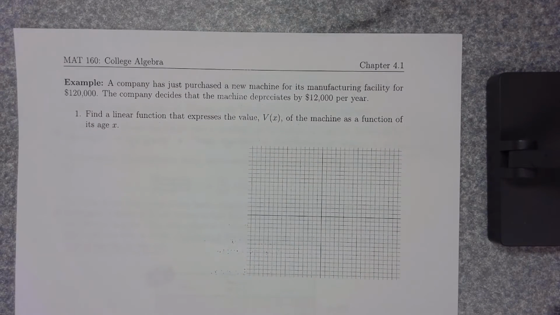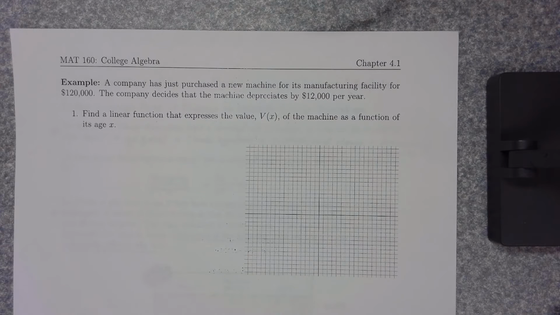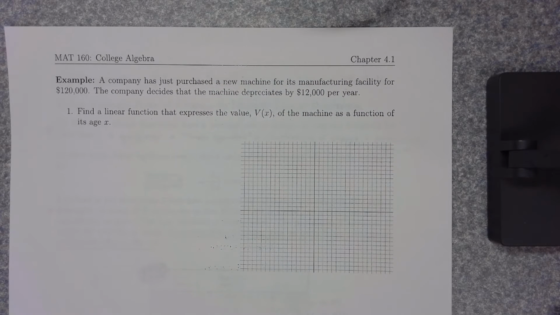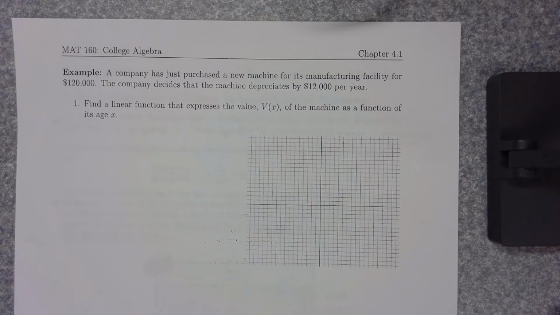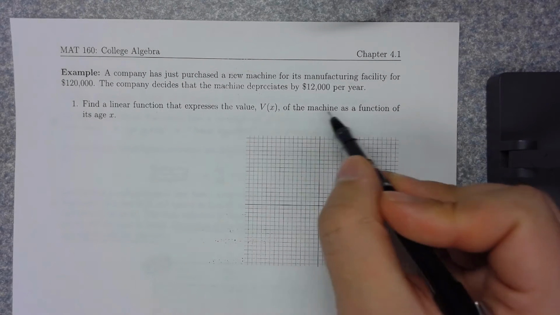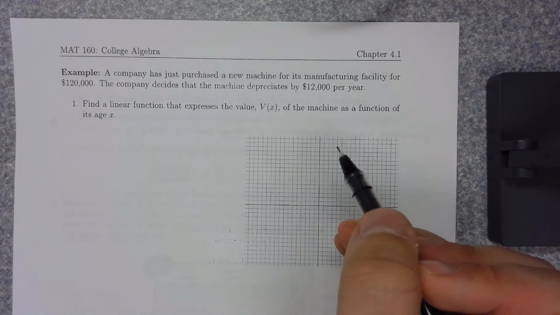So this example: a company has just purchased a new machine for its manufacturing facility for $120,000. The company decides that the machine depreciates by $12,000 per year. So I want to find a linear function that expresses the value of the machine as a function of its age, x.